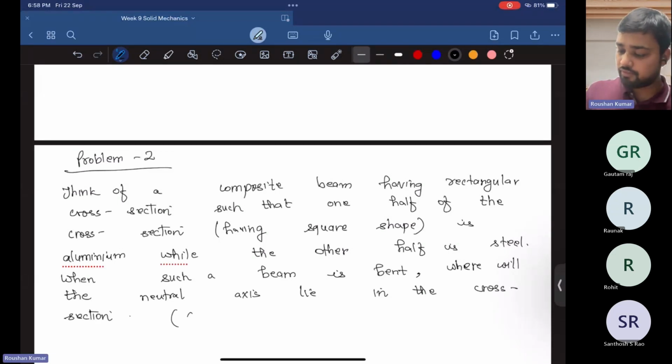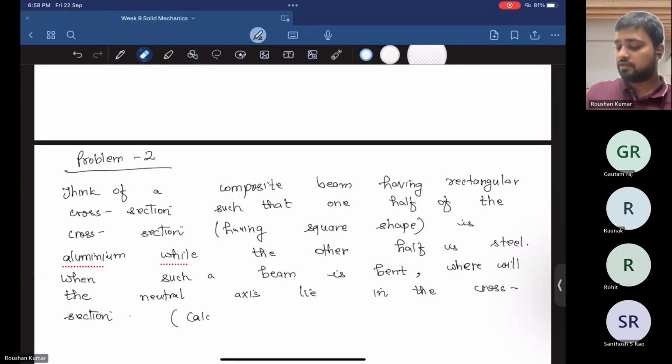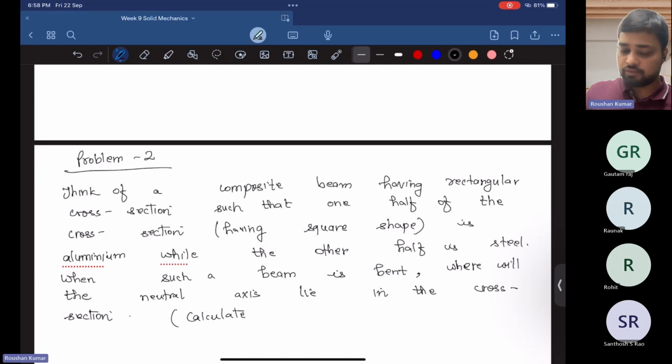And we have to calculate it from the bottom line of the cross section.